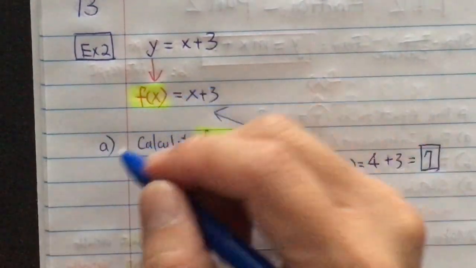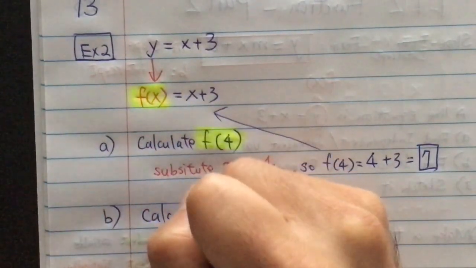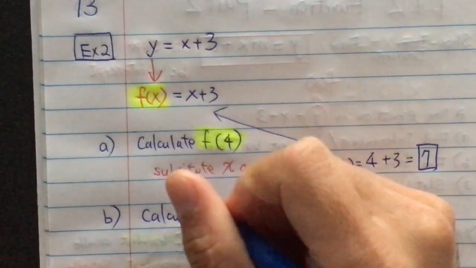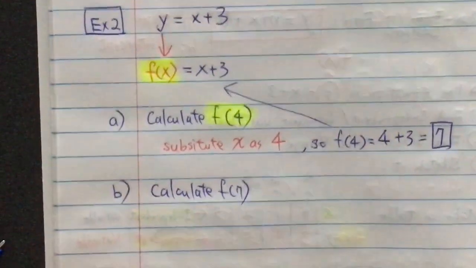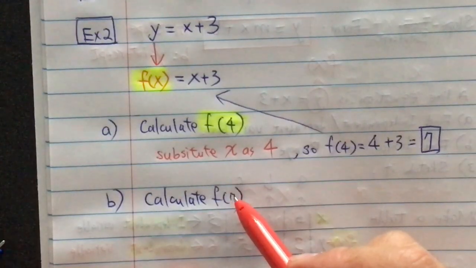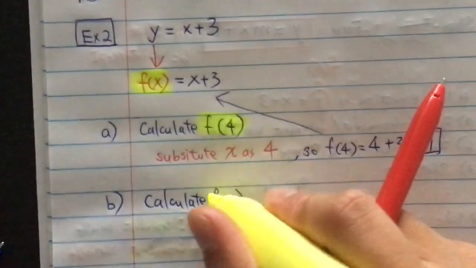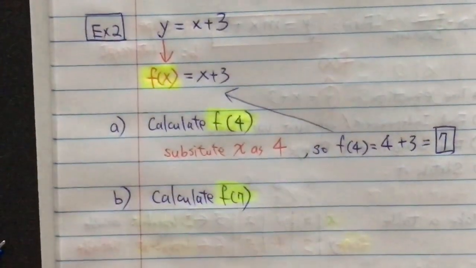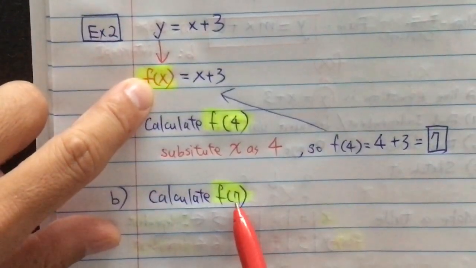Okay, how about question B? Calculate f of 7. So again, notice the position of x here. So that means we substitute x as 7.